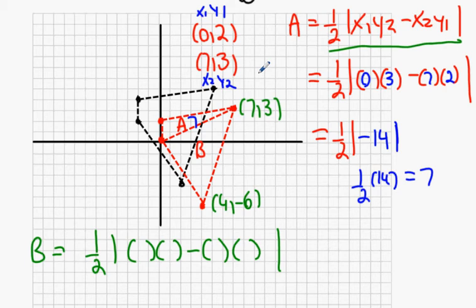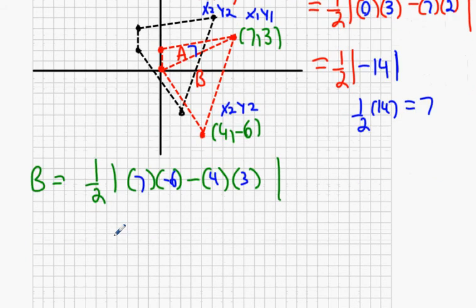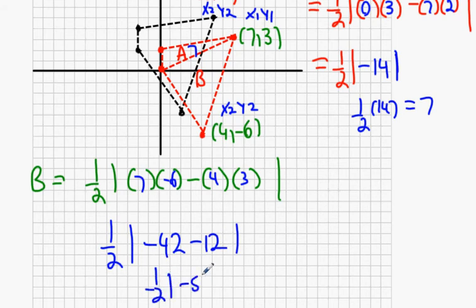So, x1, y1, x2, y2. 7 times minus 6, minus 42. 4 times 3, 12. Half of minus 54, which is 27. 27 plus 7 is 34. The area of that specific quadrilateral is 34.